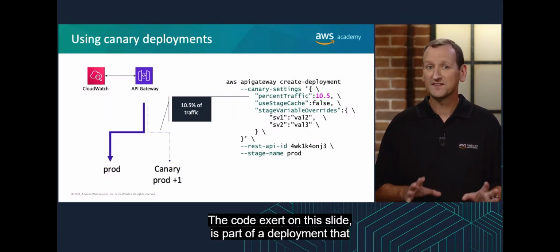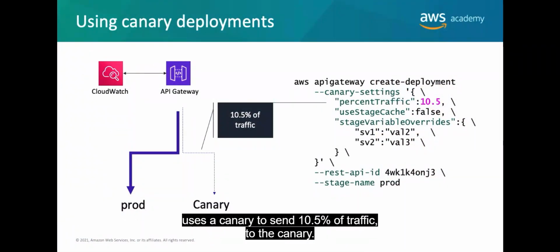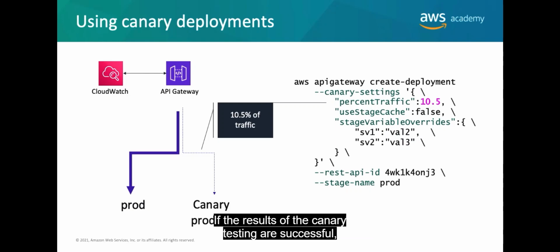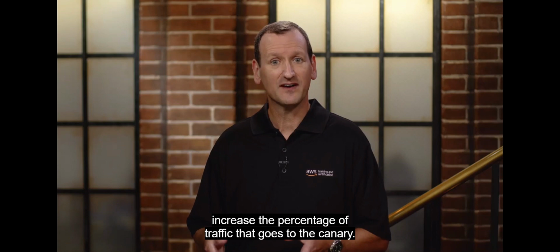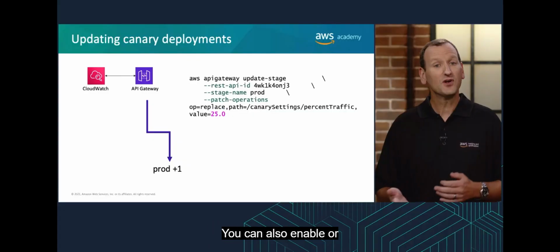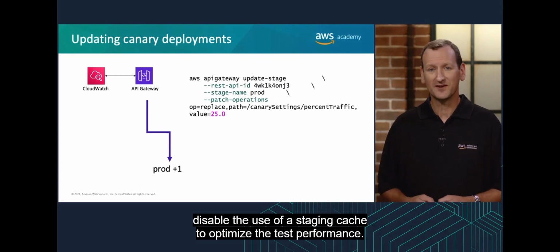The code excerpt on this slide is part of a deployment that uses a canary to send 10.5% of traffic to the canary. If the results of the canary testing are successful, increase the percentage of traffic that goes to the canary. You can also enable or disable the use of a staging cache to optimize the test performance.